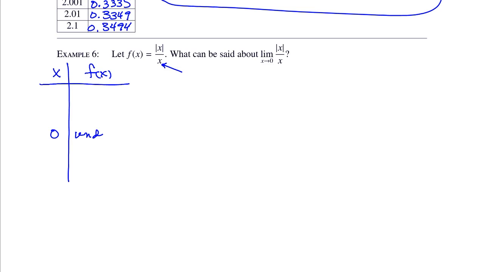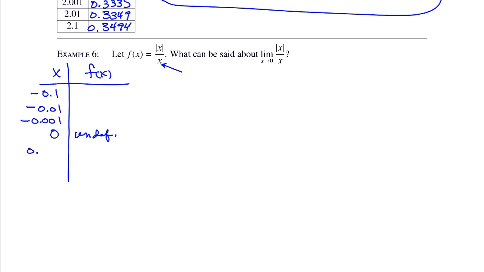All right. That's okay. Even if it's undefined, we can still try to find the limit. No problem. Now we're going to have to go a little bit to the left of 0 on the number line. So that would be negative 0.1, and then work our way into 0. So then a little bit closer to 0, negative 0.01, and then a little bit more, negative 0.001. And then I'm going to use those same symmetric values, but the positive versions on the other side here.